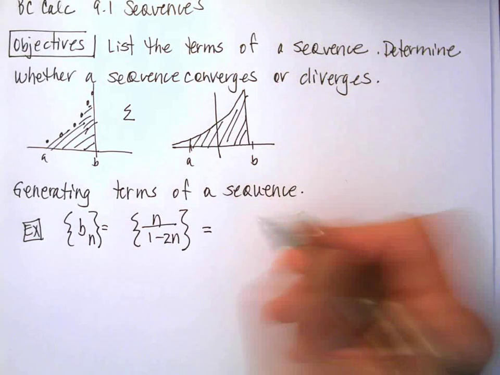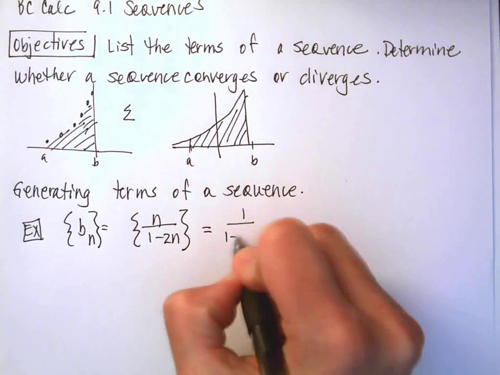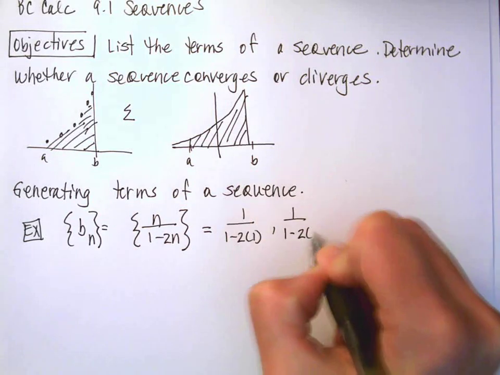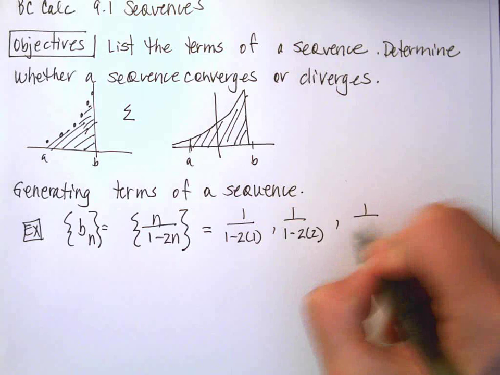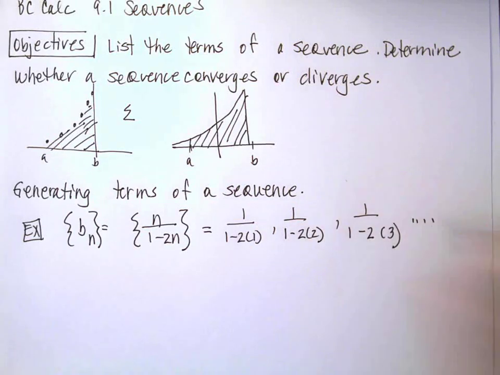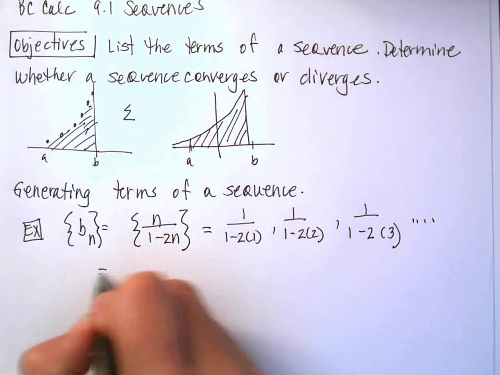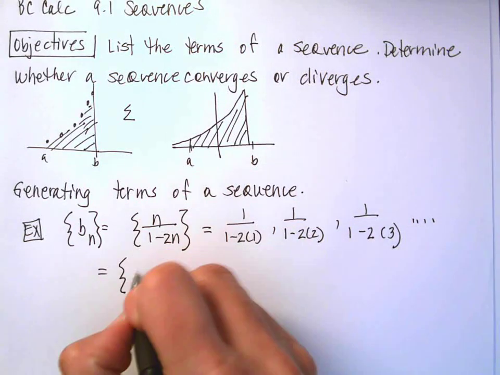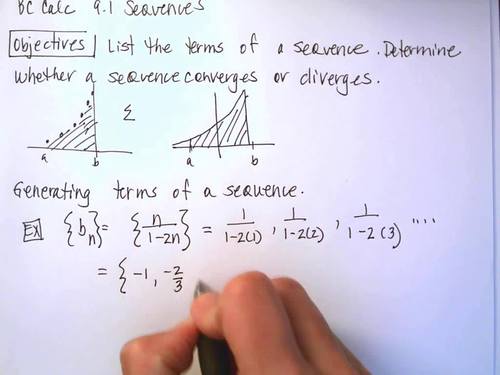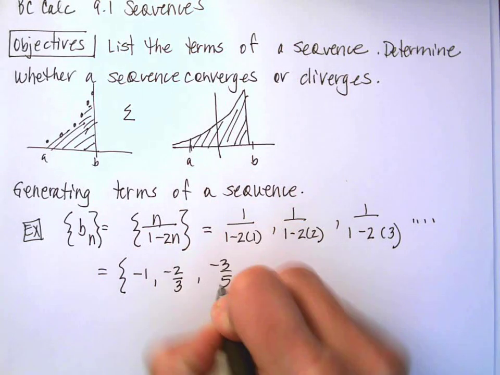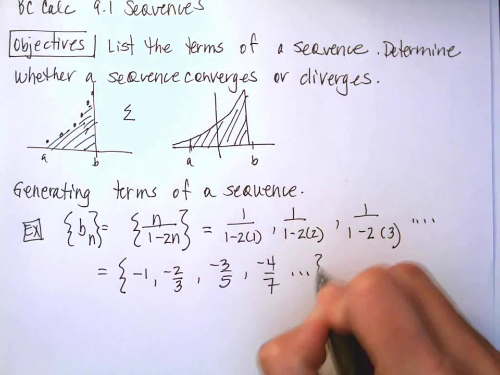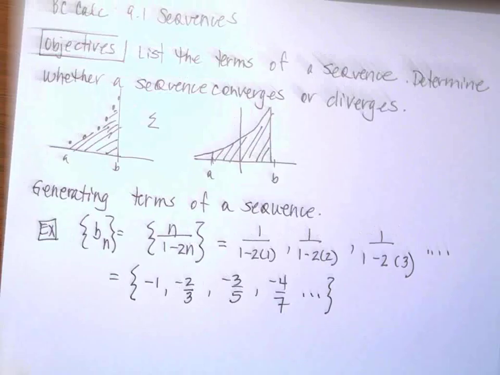And then if I substituted my numbers in, I would get 1 over 1 minus 2 to the first. And then the next term would be 2 over 1 minus 2 to the second. The next one would be 3 over 1 minus 2 to the third, etc., etc. And then that would generate this set of terms: negative 1, negative 2 thirds, negative 3 fifths, and then negative 4 sevenths, and then on our sequence would go.